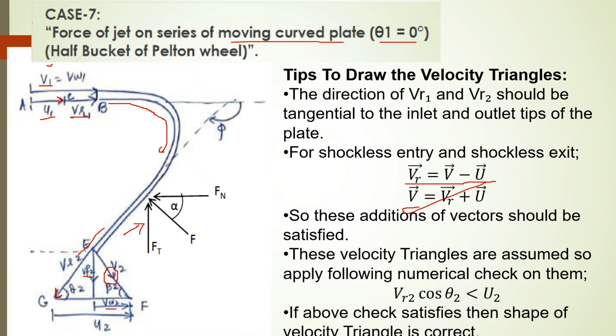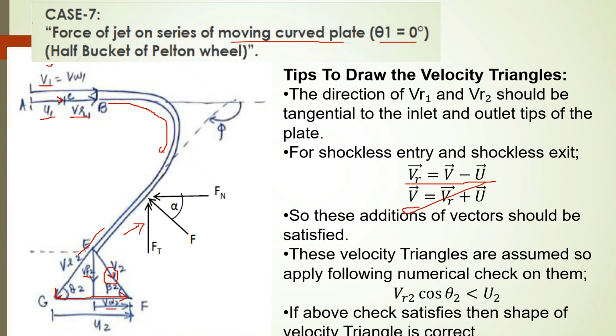We need to show U2 in subtractive form, because Vr2 is equal to V2 minus U2. So the direction of U2 should be opposite, and we need to subtract it.